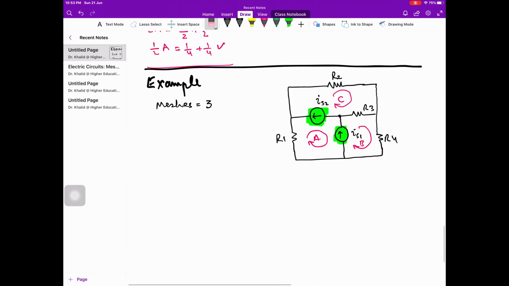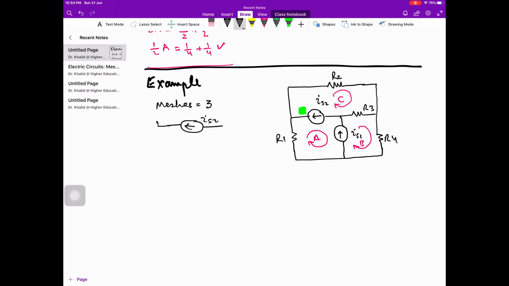And over here now, sorry, I have to rewrite. As this current source is shared by two meshes, IA and IC, I rewrite the current source over here, and this is IS2.